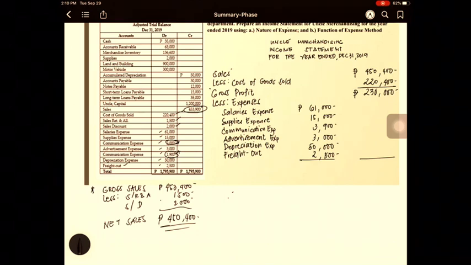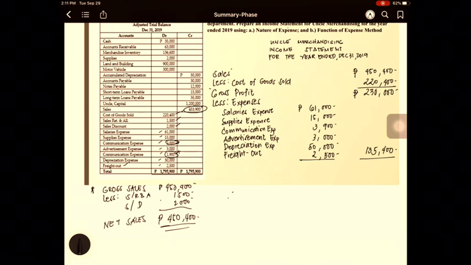That would be 61,000 plus 15,000 plus 3,900 plus 3,000 plus 50,000 plus 2,500. So you should have computed your total expenses as 135,400. Let's counter check. 61,000 plus 15,000 plus 3,900 plus 3,000 plus 50,000 plus 2,500.